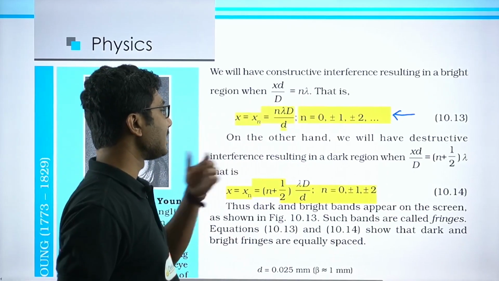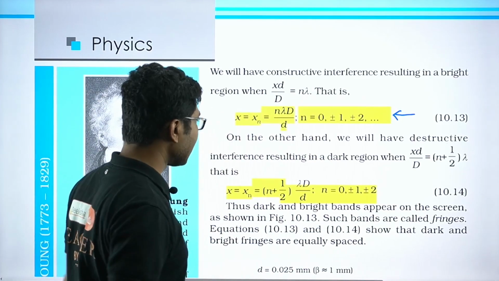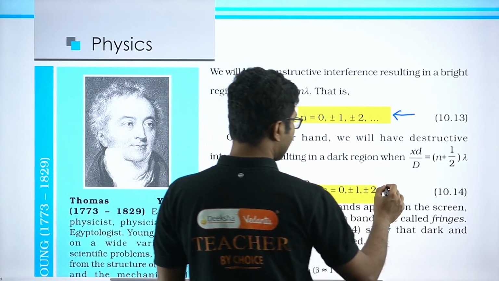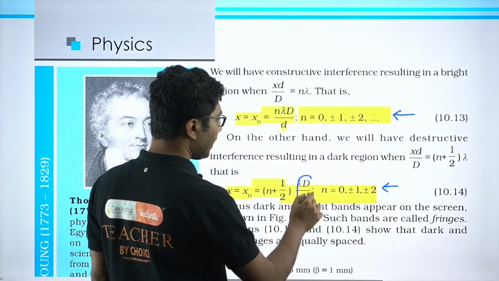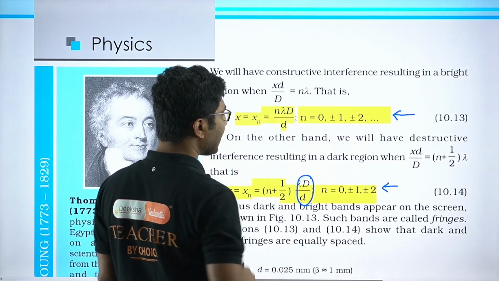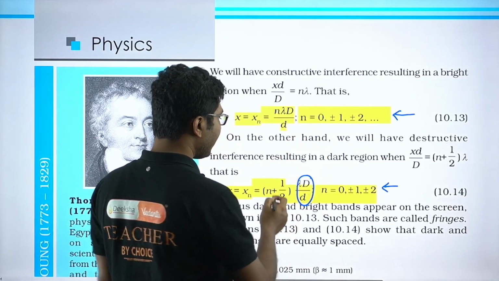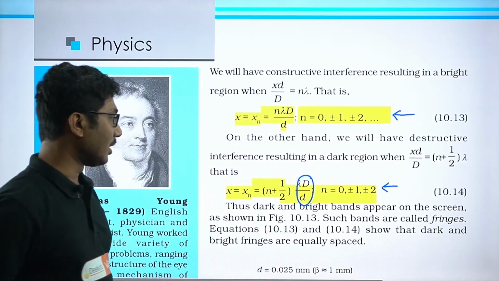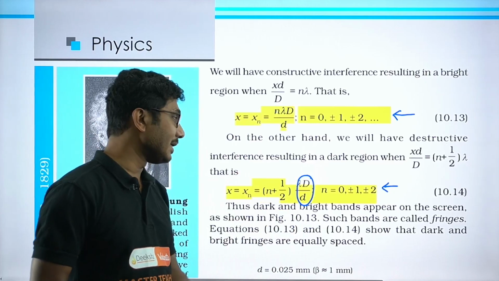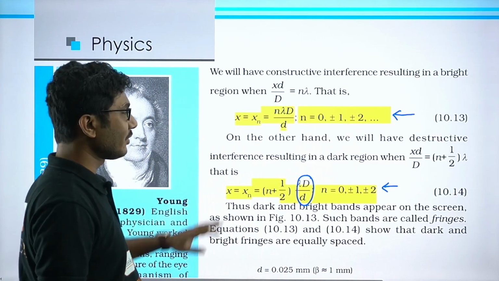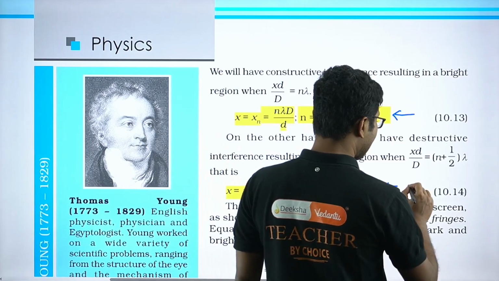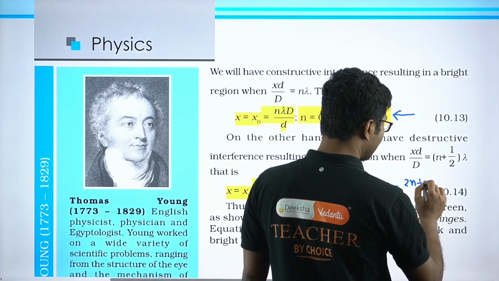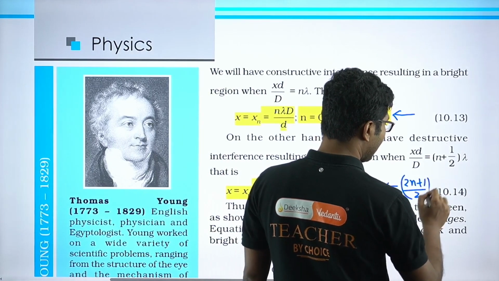You have to remember, this is the condition for constructive interference, whereas this is the condition for destructive interference. Lambda D by d is common. If it is n lambda D by d, it is constructive. If it is (2n plus 1) by 2 into lambda D by d, then it is destructive interference. Whatever formula you want, I generally write it like this: (2n plus 1) by 2 lambda D by d.